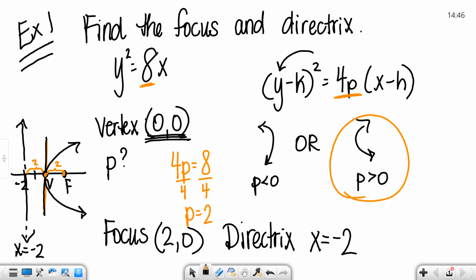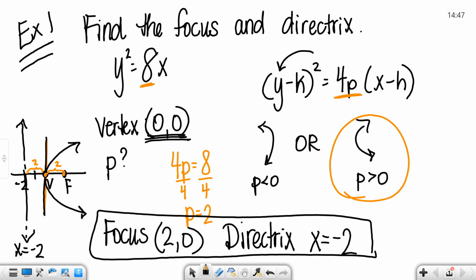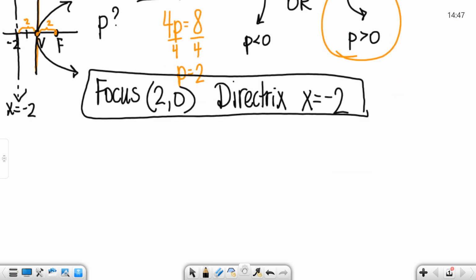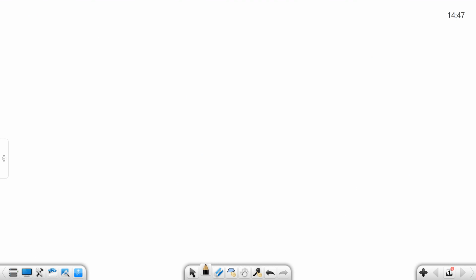Not an ordered pair, that's an entire line. x equals -2. So there we go. We were asked to find our focus and our directrix. There they are. Now, if they had asked me to graph this, what I did over here for a graph is not acceptable, just so you know. Let's do one where we do have to graph it.